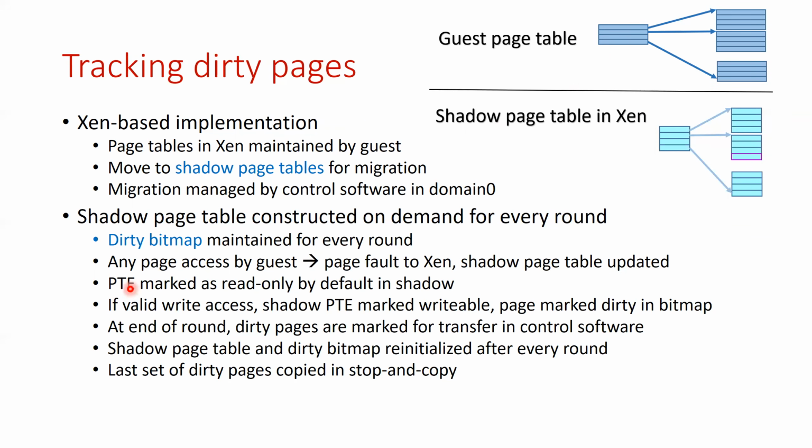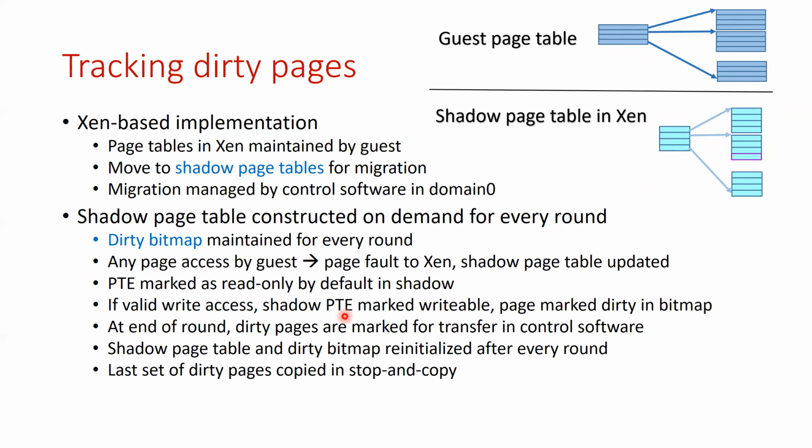But now what you will do is mark the page table entry as read-only initially. If the guest performed a read on a page, even though it has write access, the page table entry itself will indicate that it is a read-only page. That is, you're somehow restricting the guest from writing to any of its memory. All page table entries by default are read-only in the shadow.